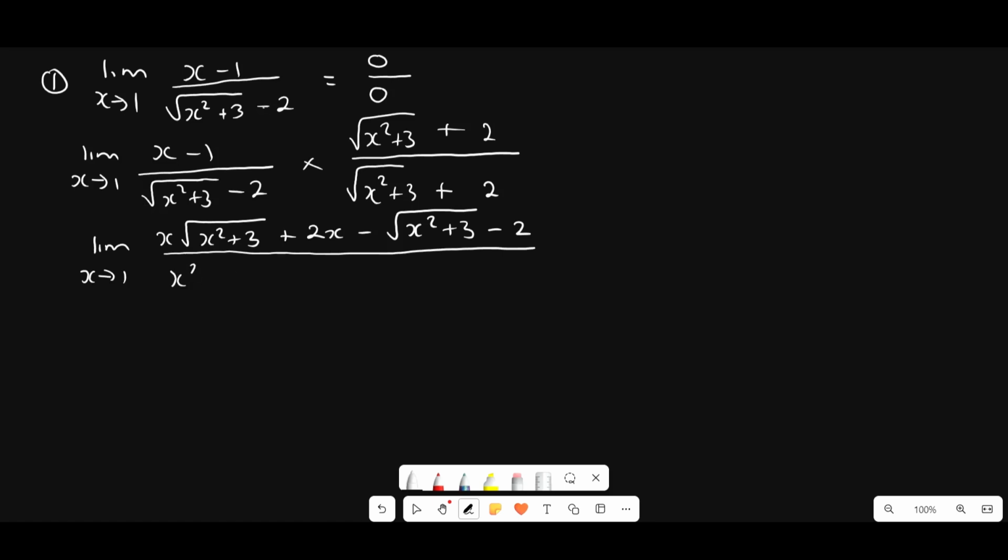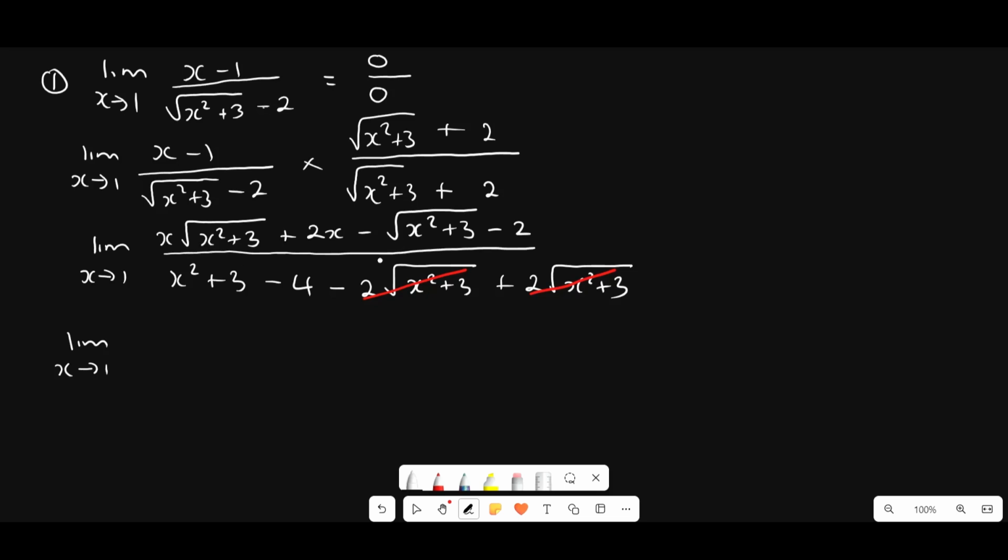Then we'll have x squared plus 3 and that times that, this times that will give us negative 4. Then that times that will give us negative 2 square root of x squared plus 3. That times that will give us positive 2 square root of x squared plus 3. You can see that these two here are the same, and then we have positive and negative, that means they'll drop, and hence I'll have the limit as x approaches 1 of the function.